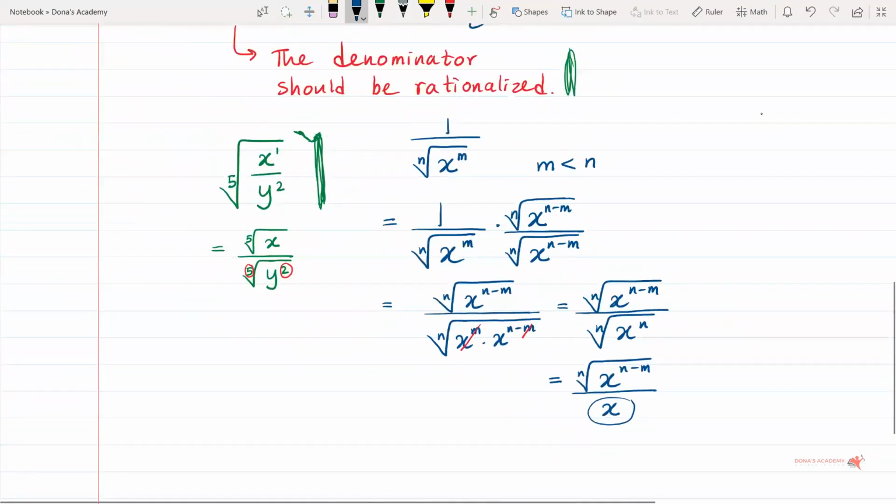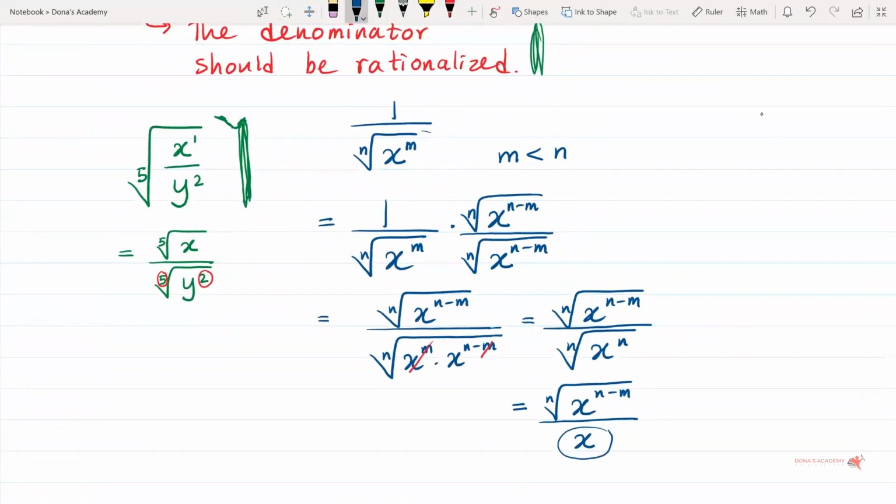Whenever you see this type of piece in the bottom where the index is bigger than the exponent of the radicand, you can use this method to eliminate the radical pieces and come up with a pure term. So that's the meaning of rationalizing denominators. You can understand this more when I go over examples.